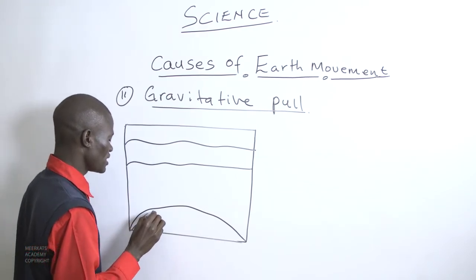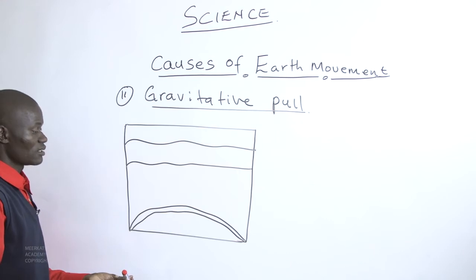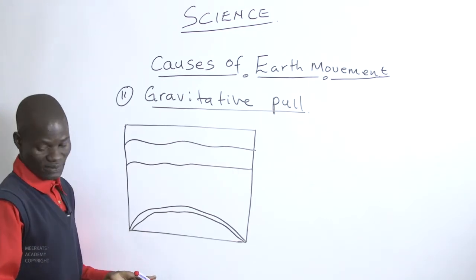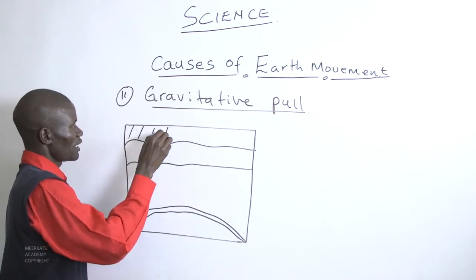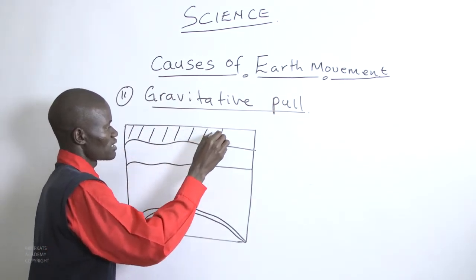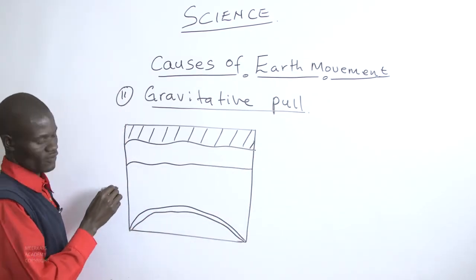When the magma is trying to force itself into the upper chambers of the crust, it may result in another movement. It may trigger off a movement of the earth.